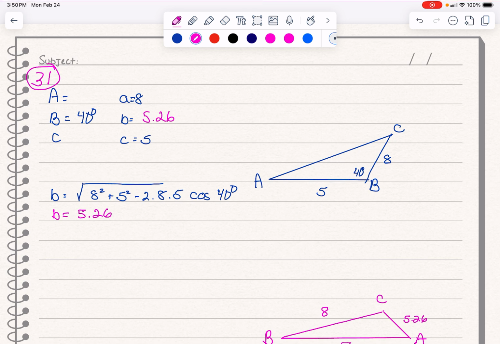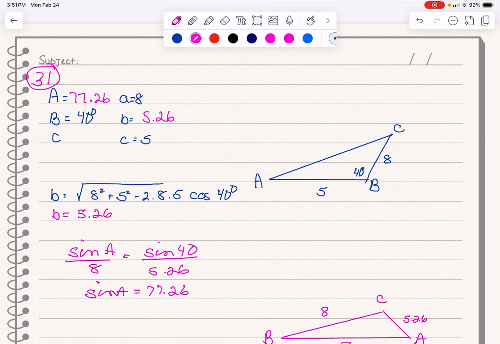So if I go sine of A is to 8 as the sine of 40 degrees is to 5.26, and I solve by taking the inverse sine, I get A is 77.26 degrees.